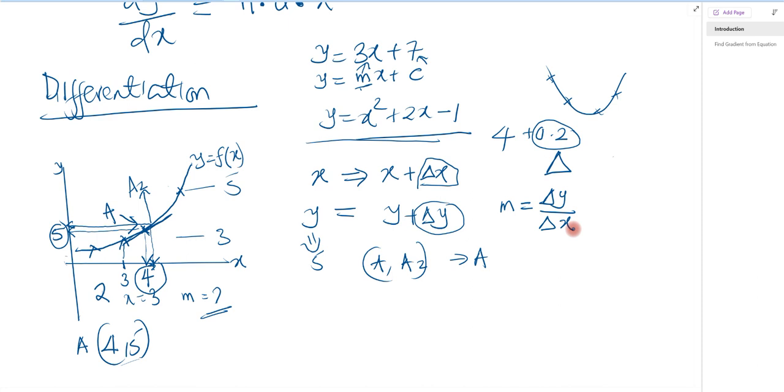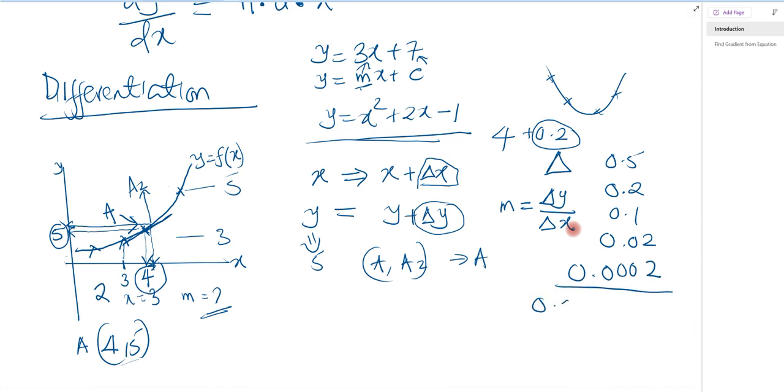If I add something like 0.5, I could get something close to the gradient. But if I add just 0.2, I'm going to get something more accurate. If I add 0.1, I'll be a bit more accurate. If I add something small like 0.02, I'll get even more accurate. And if I add something very minimal, like 0.0002, I'll get even more accurate.